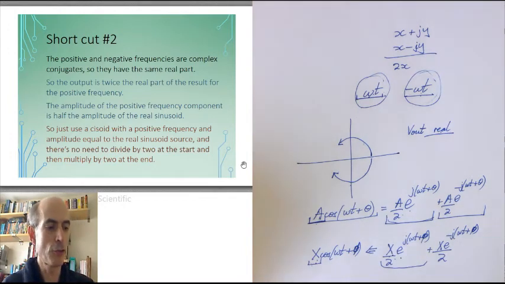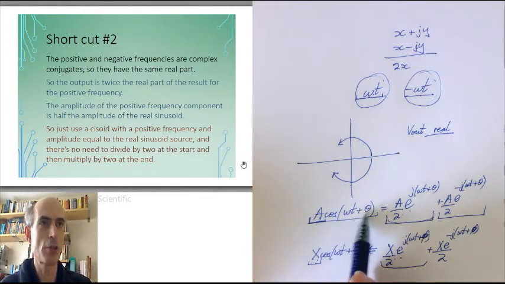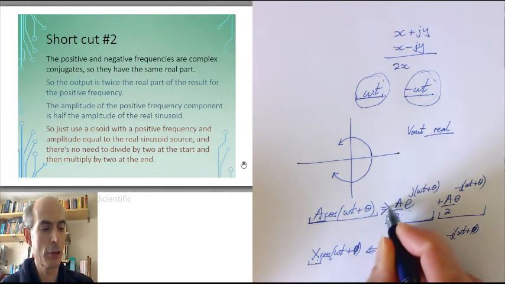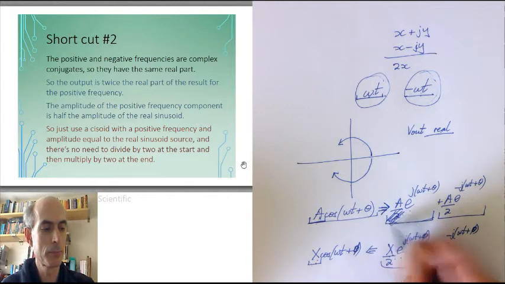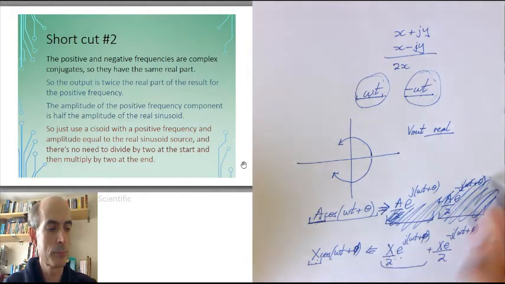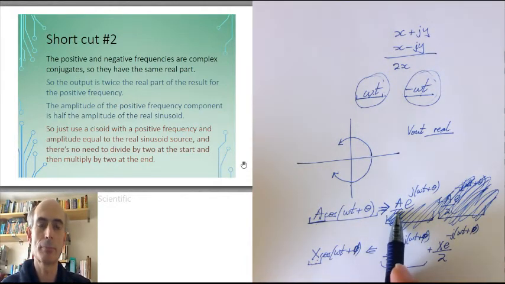You might as well just take A cosine(omega t plus theta) and convert it to that form. Same amplitude, same phase.